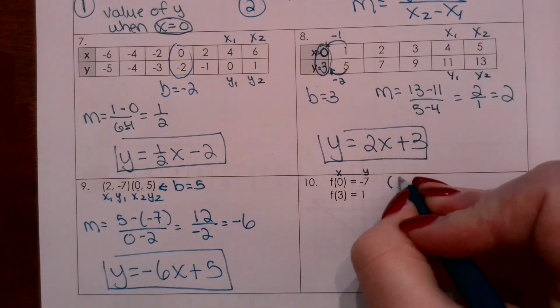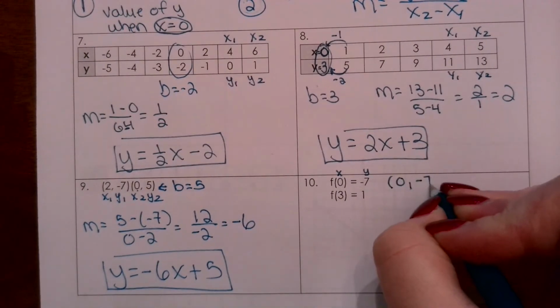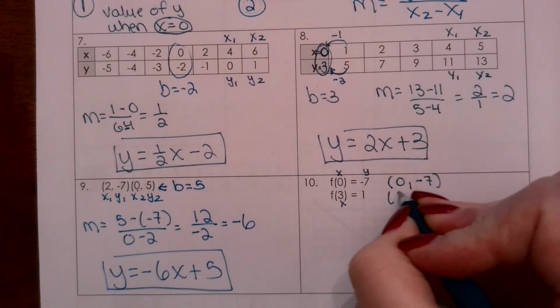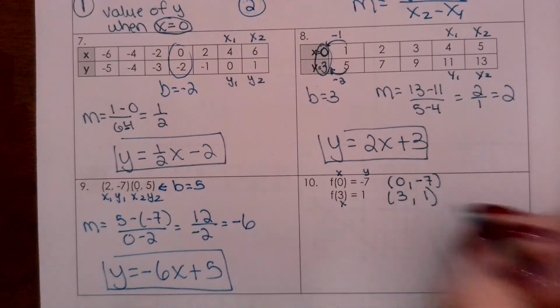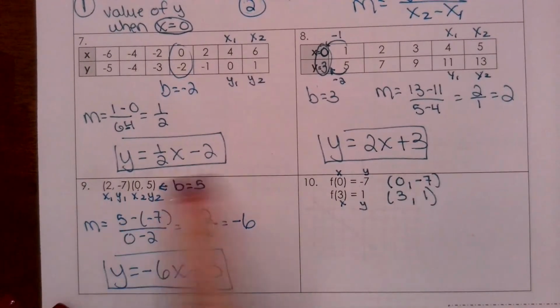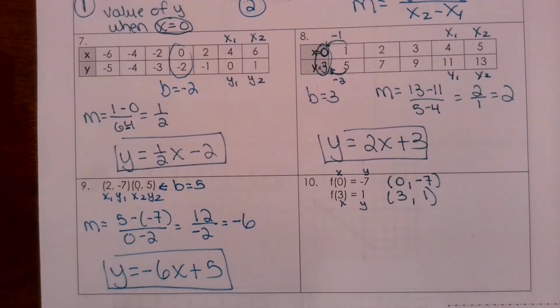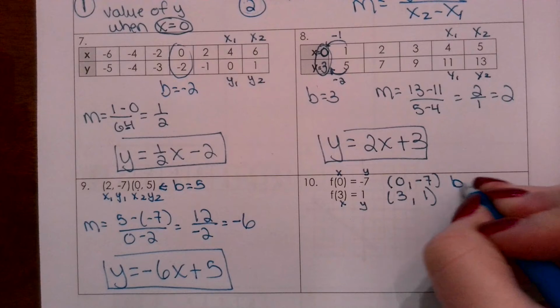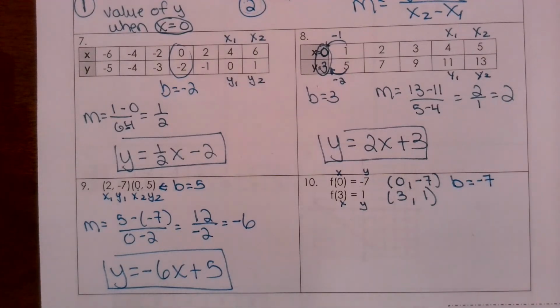So this shows me the ordered pair 0, -7. Likewise, this is my x, 3, 1 for my y. So now I have two ordered pairs that look like that, a little more comfortable to use, and I can see there's where x equals 0, so b equals -7.